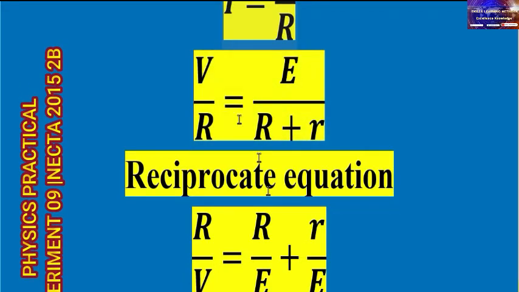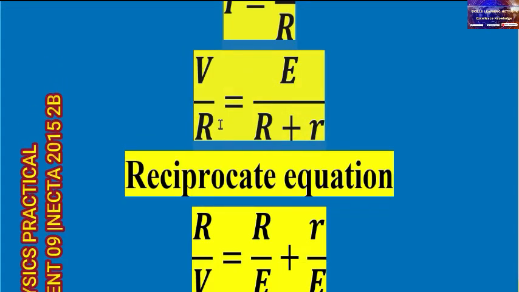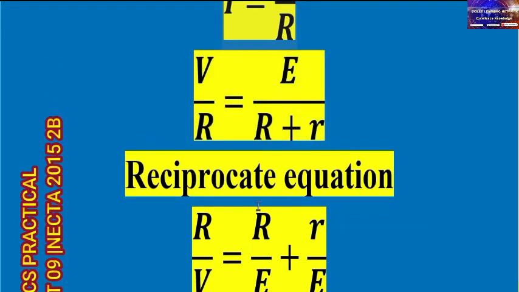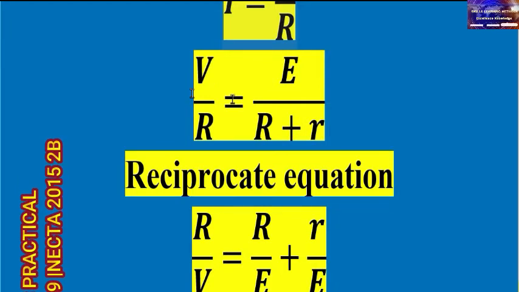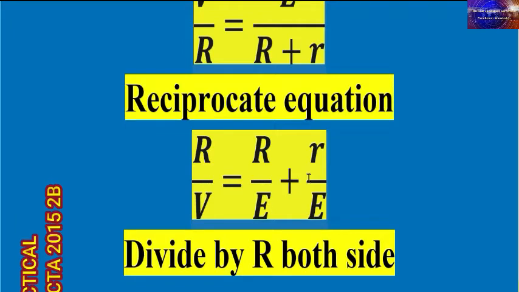Then in order to get 1 over V, we have to reciprocate the equation. So it will be R over V is equal to R over EMF plus r over EMF.